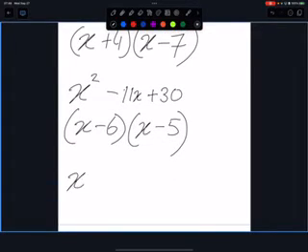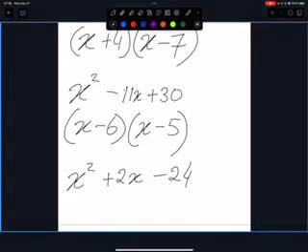Another one. X squared plus 2x minus 24.